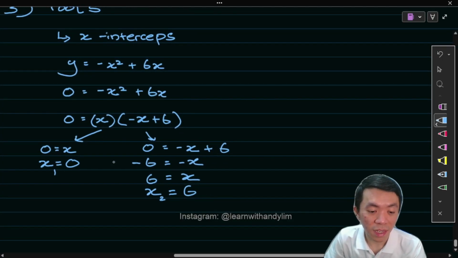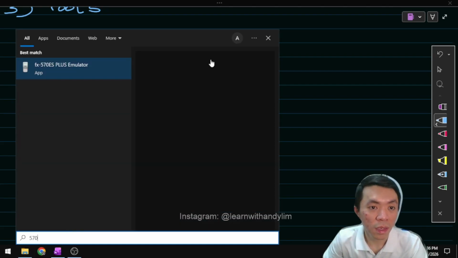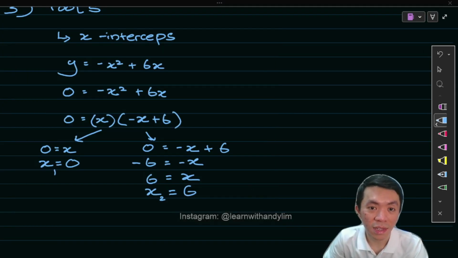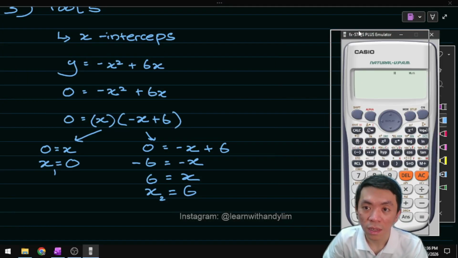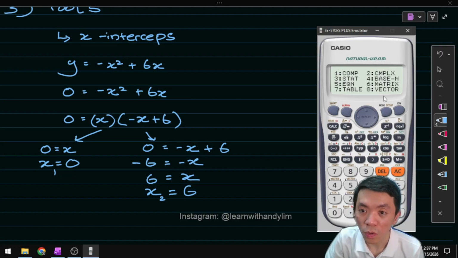This method can also be done using a calculator. Every calculator has its own different way of finding this answer. For this particular model of calculator, you want to press mode, go to number 5 equation, choose quadratic equation ax squared plus bx plus c equal to 0.